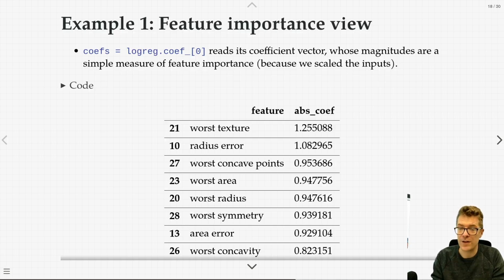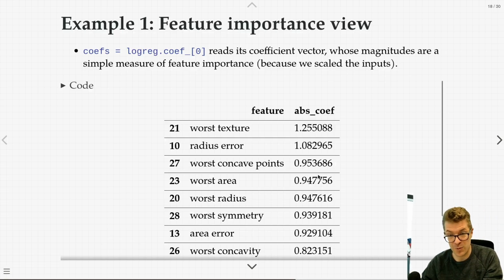This would be a new feature which you'd provide as an input to your modeling, and then maybe that new combined feature would give you a higher absolute coefficient than any of these others we've provided so far, right?